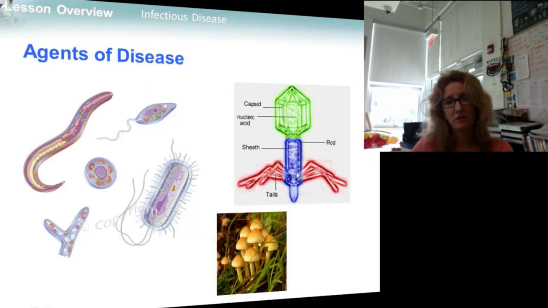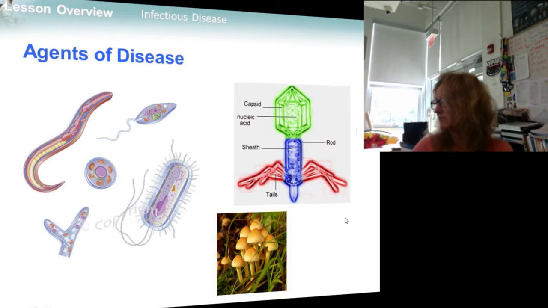Infectious diseases are caused by pathogens, which can be any organism that invades the body and then disrupts its normal function. Examples of pathogens are viruses, bacteria, single-celled eukaryotes, fungi, and parasites.